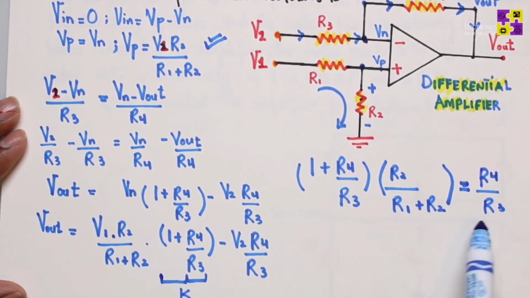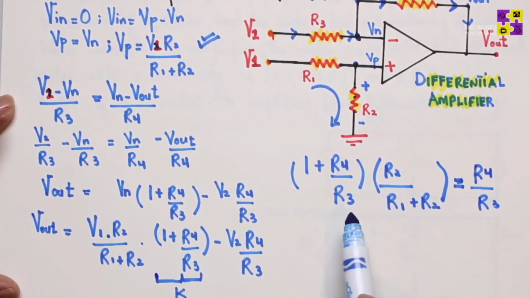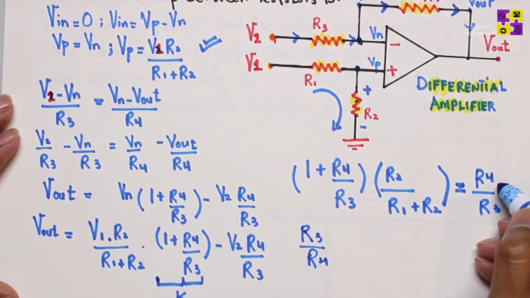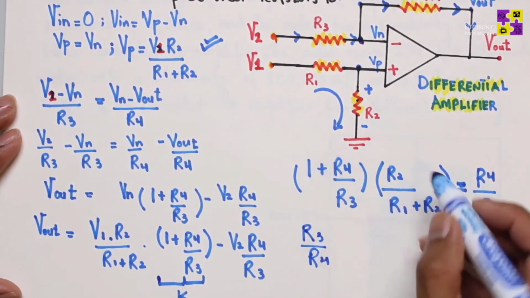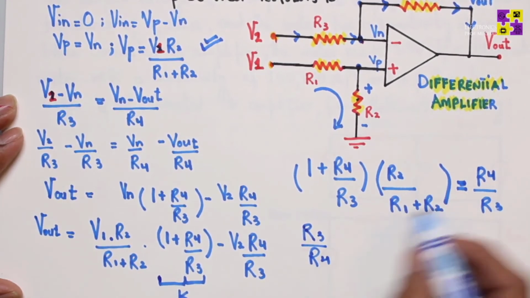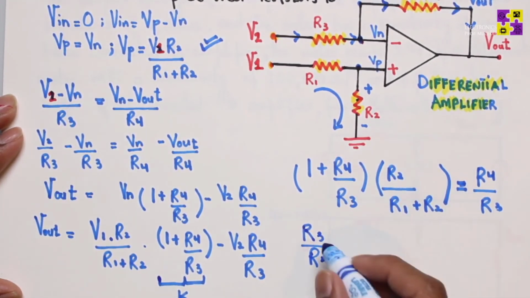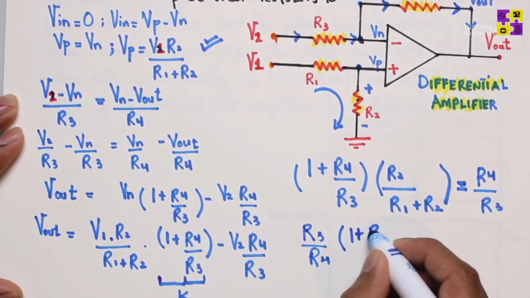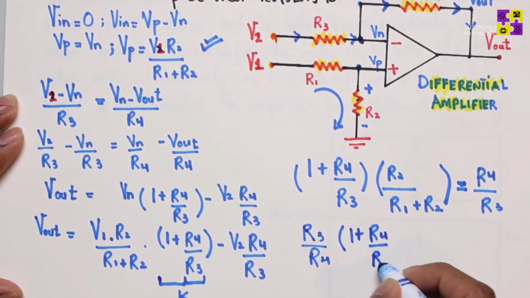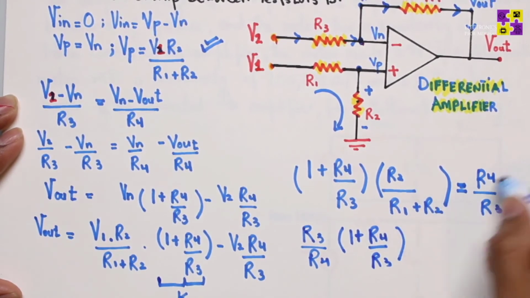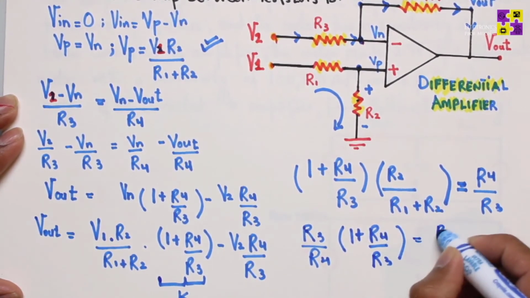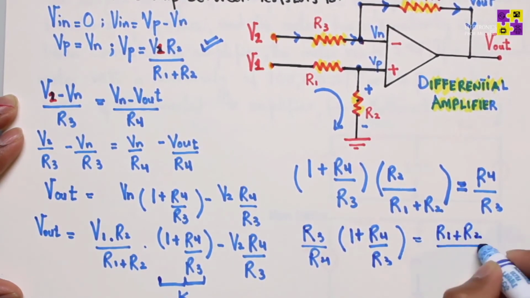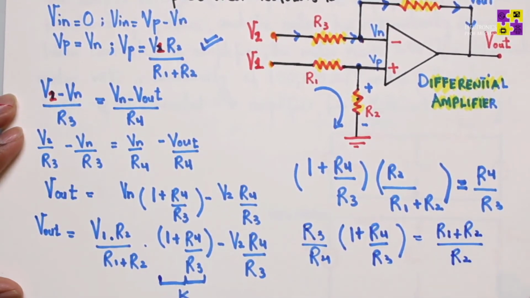Now notice here, I got all resistors here over R4, taking this part over here and then taking this part to the right. So this flips to R3 over R4 times 1 plus R4 over R3, and this will go here, so it becomes R1 plus R2 over R2, correct?